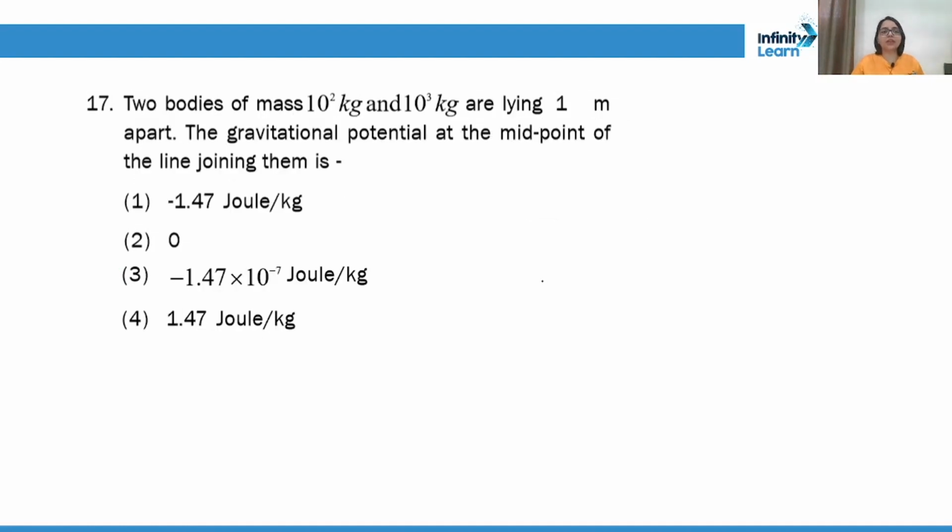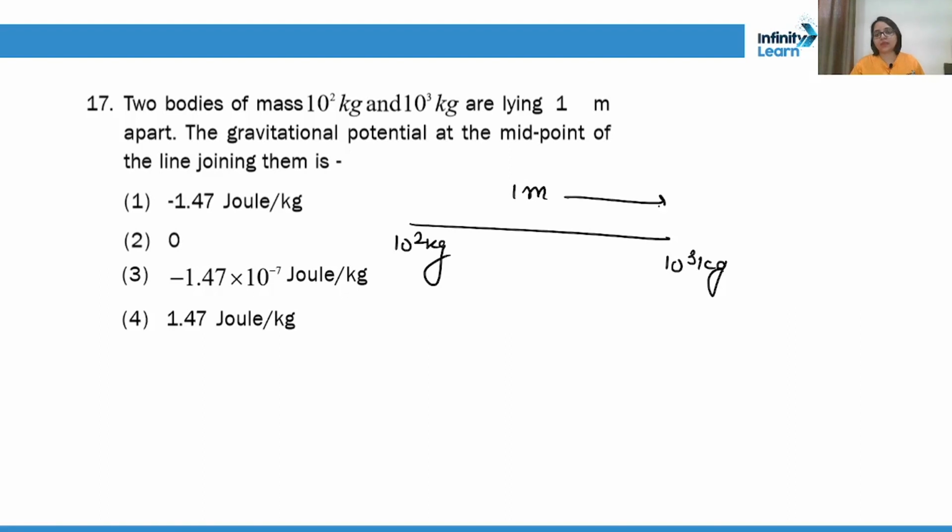Question number 17. Two bodies of masses 10 power 2 kilogram and 10 power 3 kilogram are lying 1 meter apart. Okay. The gravitational potential at the midpoint of the line joining them. So this will be 1 by 2 meter and this will be 1 by 2 meter. So because of this 10 power 2 kilogram, gravitational potential will be minus G 10 power 2 divided by r.